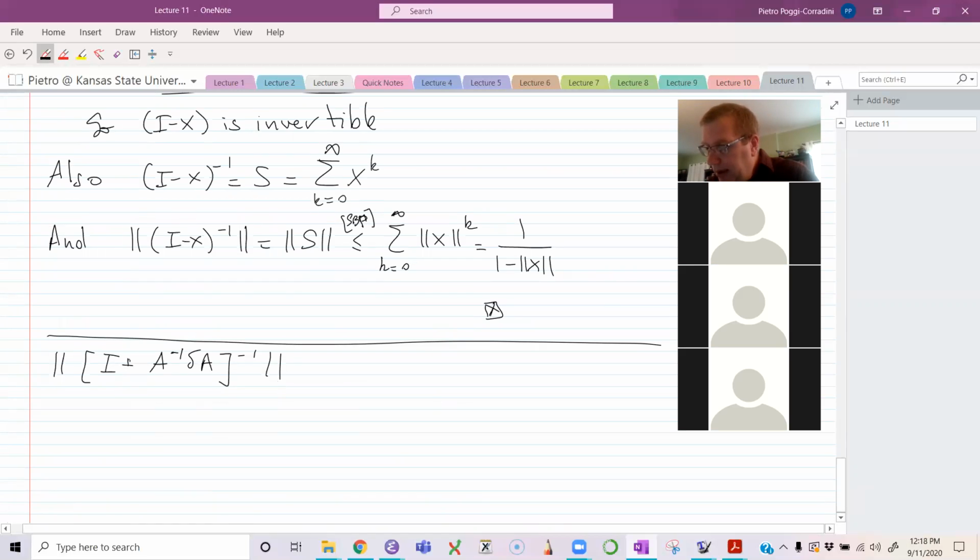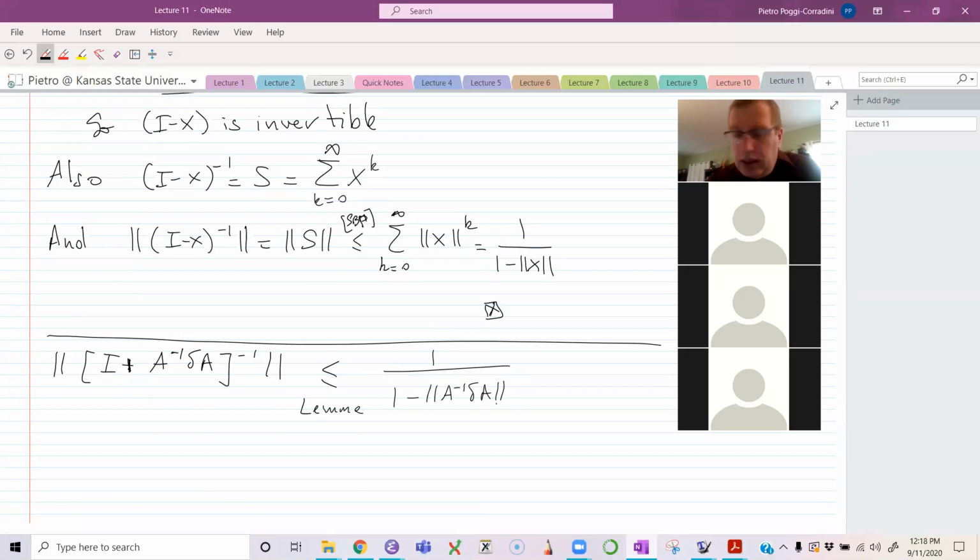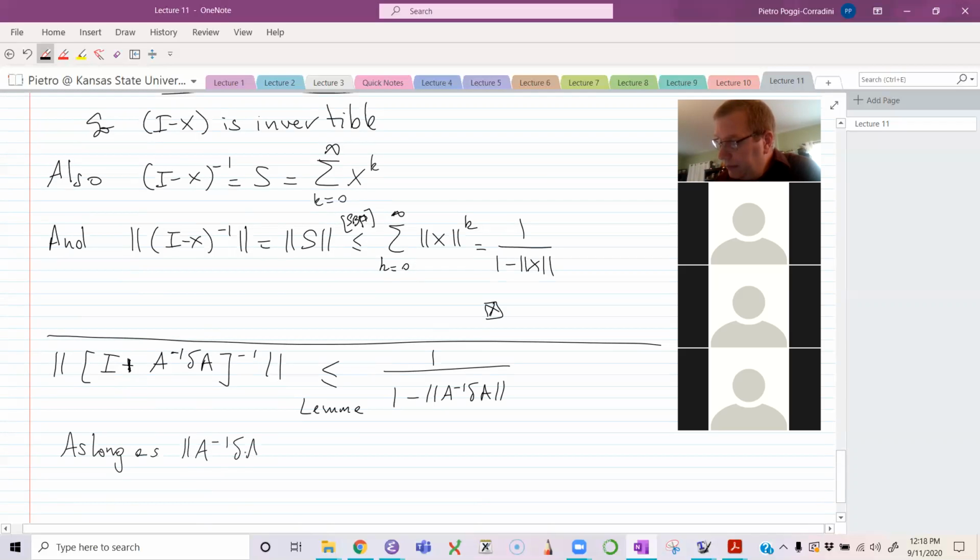Looking at that, and from the lemma, we can deduce that this is less than that norm, as long as that norm is less than 1. Strictly, and it's important that this be a strict inequality.